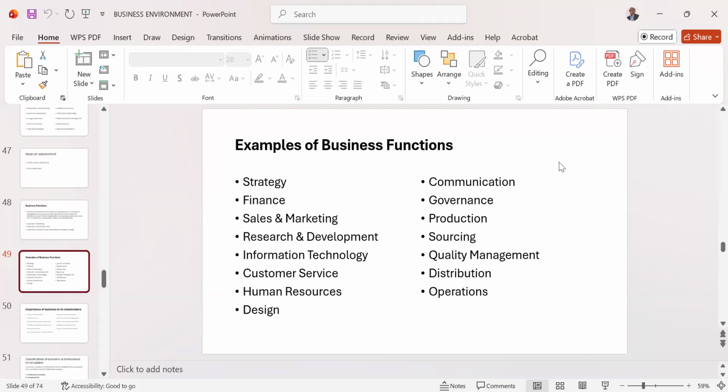Then human resources, when it comes to employment, recruitment, and what have you, and also communicating with the staff in the organization, design, communication, governance. These are very, very important functions to be able to handle and govern that particular organization.